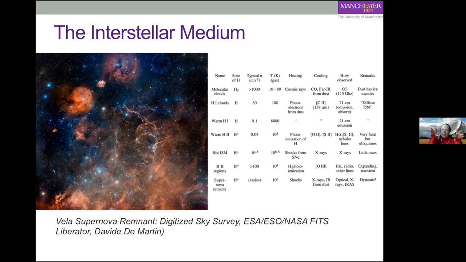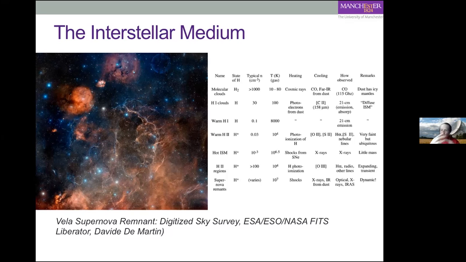And so you have these blobs or clouds of cold, dense gas surrounded by warm hydrogen and hot ionized hydrogen. And this is all fed, and energy is injected, from surrounding regions of photoionization from young hot stars, and also, of course, from energy injected by supernovae.